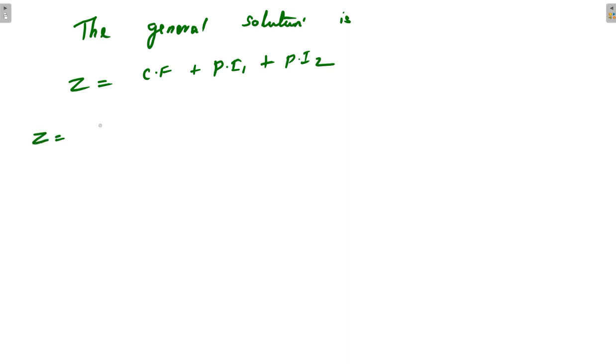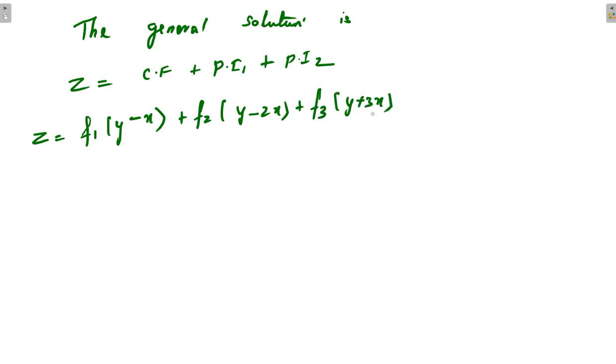So that is z equal to f1 of (y minus x) plus f2 of (y minus 2x) plus f3 of (y plus 3x) minus 1 by 75 cos(x plus 2y) plus x power 5 y divided by 60.